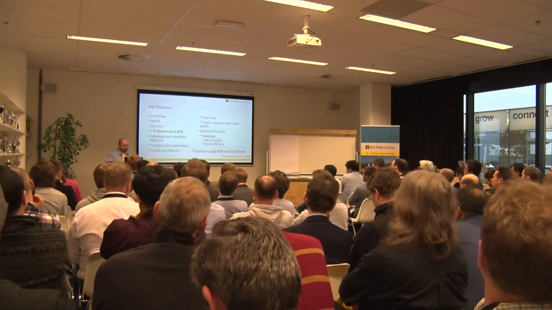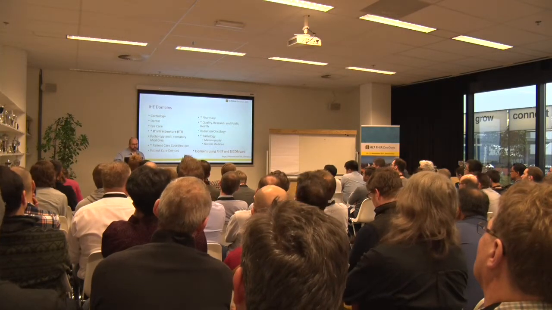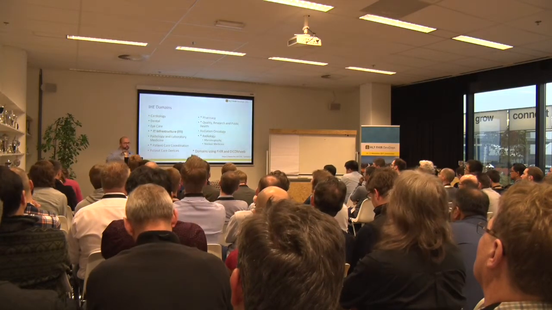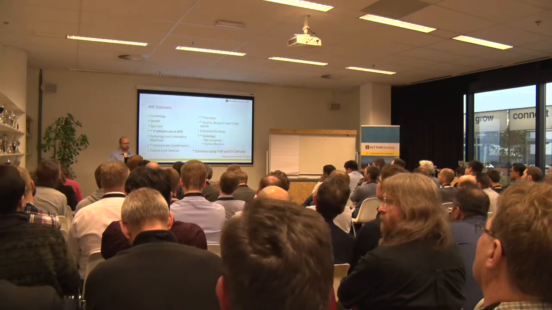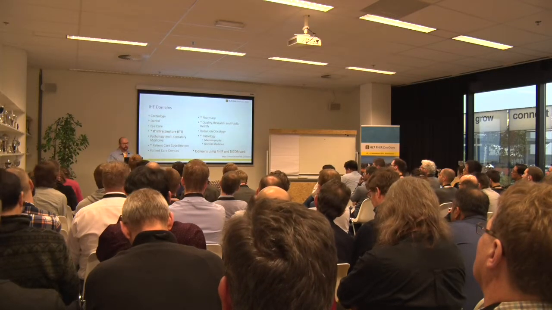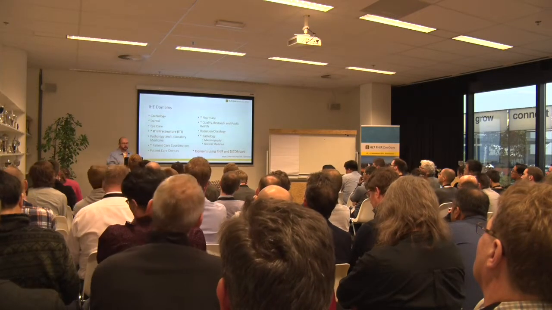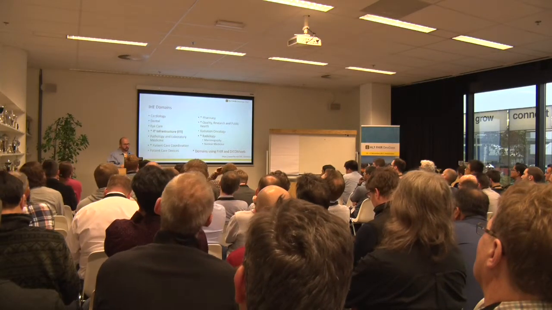There are 10 or 11 odd IHE domains. So I've listed them all here. So different committees group around these topics. I put a star beside all of the ones that offer either FHIR or DICOMweb profiles today. So there are 5 in total.